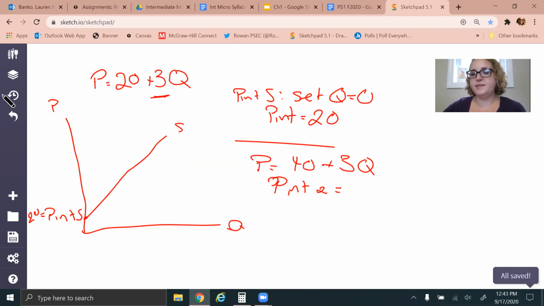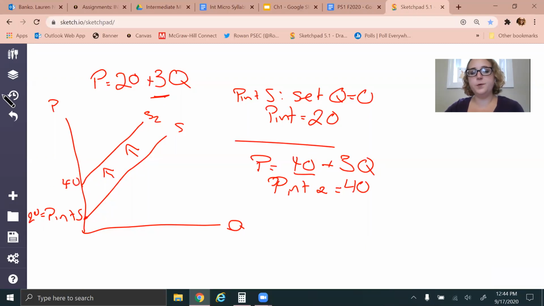We're going to do the same thing, set Q equals 0, and it's still the constant term. So now this is 40. And if we just draw that real quick, we went from the first one with that intercept of 20 to the second with the intercept of 40. This change is a leftward shift, or we can say supply fell.